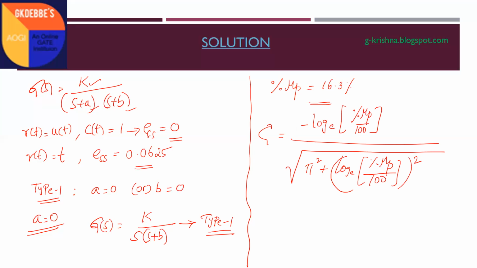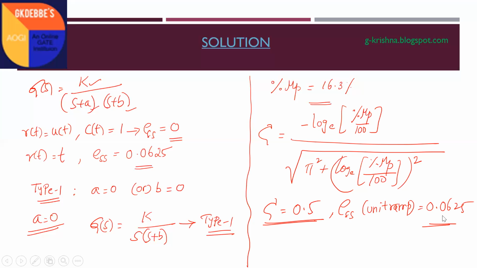You substitute peak overshoot equal to 16.3 and find the damping ratio, which you will get as 0.5. And one more data they have given is that they want the steady state error for unit ramp input to be 0.0625. With this data, we can find the values of K and b.